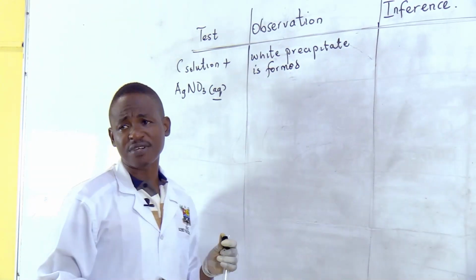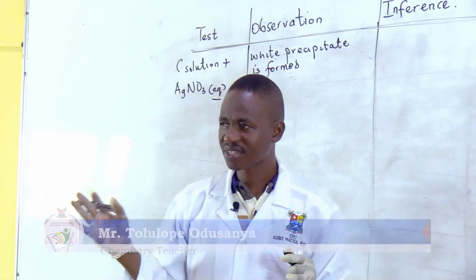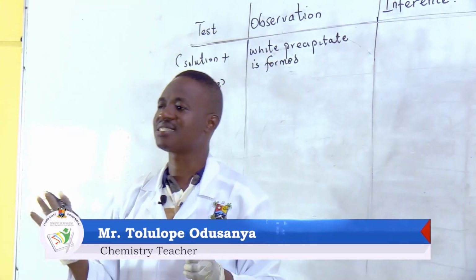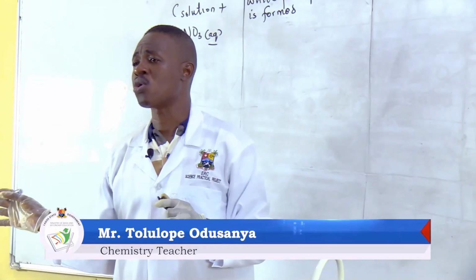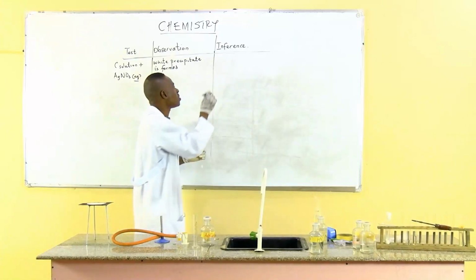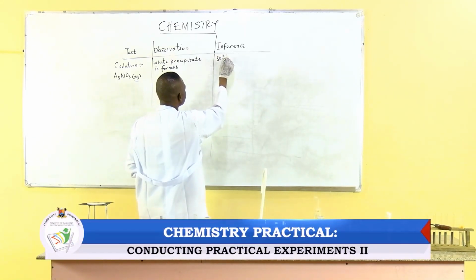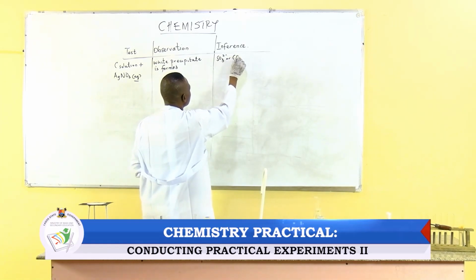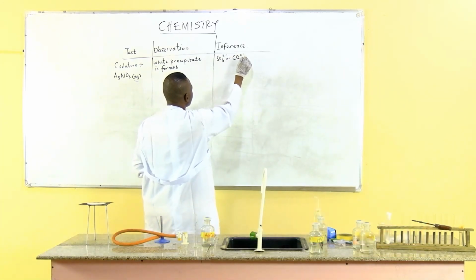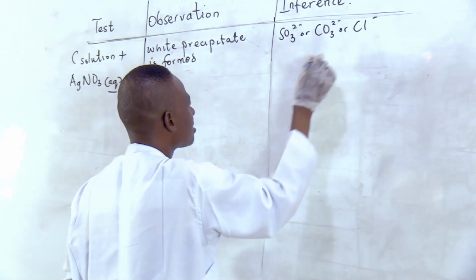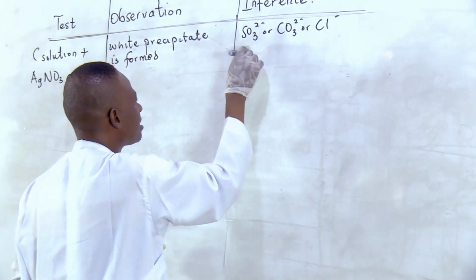I need to write my inference. What are those anions that have color called white? So we have SO3 2 minus, or CO3 2 minus, or Cl minus is present.